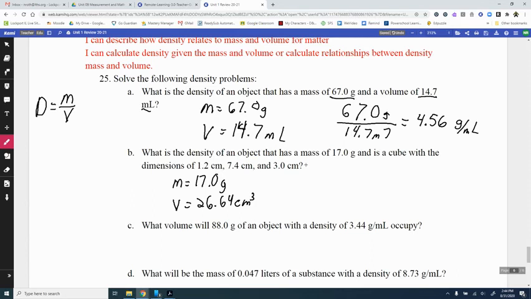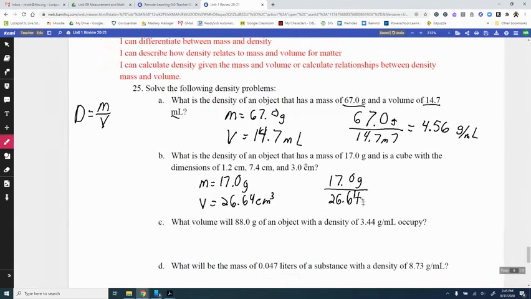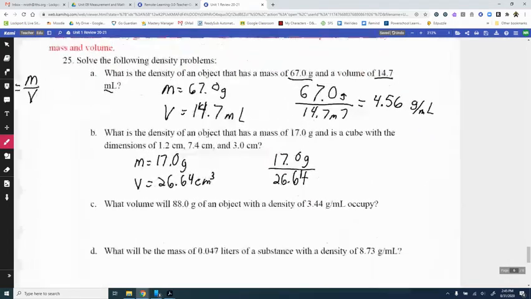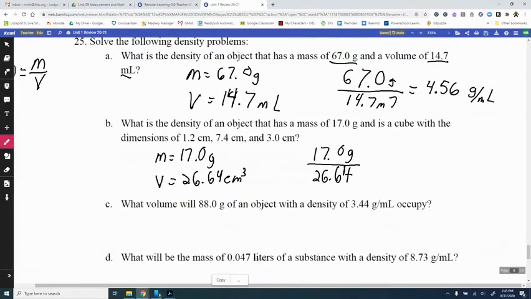Now, again, this is nice and simple. We have our mass and we have our volume. So we take 17.0 grams divided by 26.64 centimeters cubed.